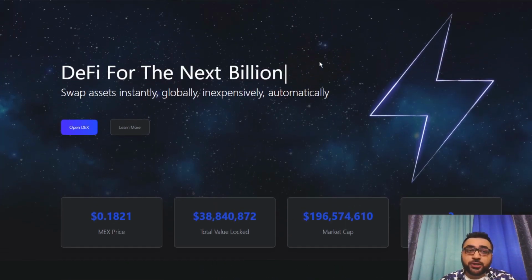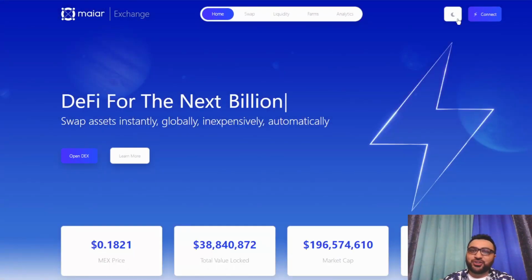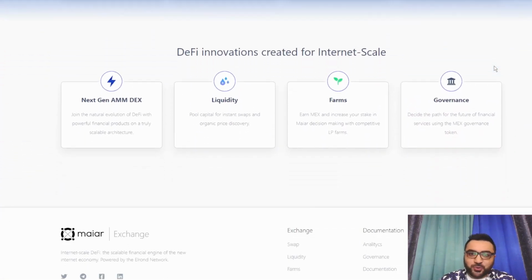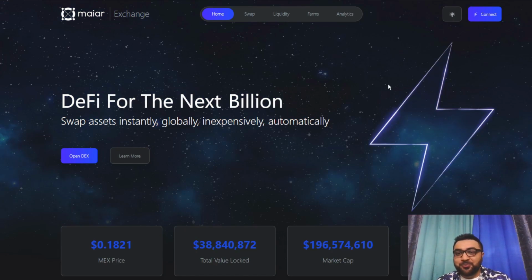If you head over to the top, there's this connect button where you can connect your L1 wallet and continue accessing and using the functionality of Maiar Exchange. There's also this button that's going to change the layout to a white and blue theme. This is also cool, but I think the black one is my favorite.